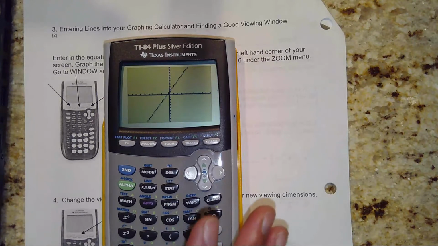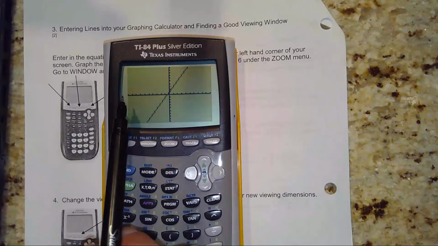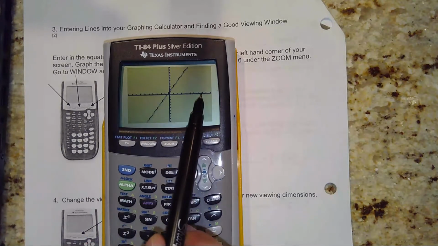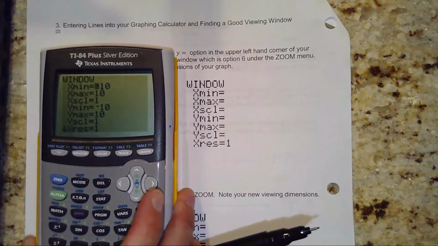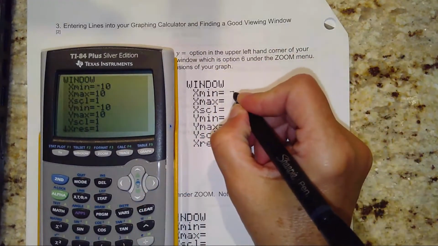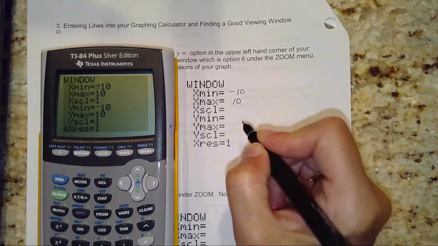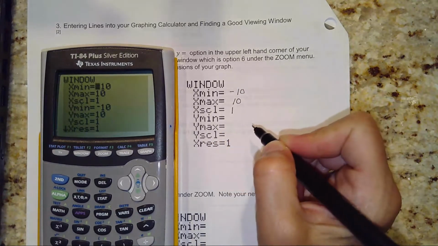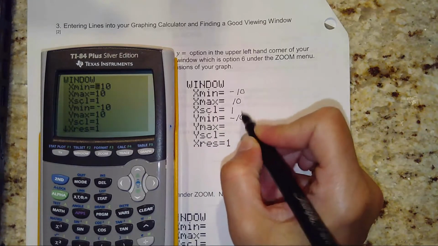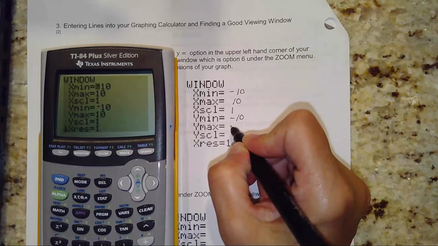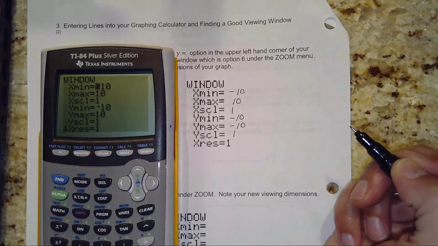Now, to see what the graph paper is worth with the tick marks and how far to the left and to the right we're looking at our screen, you just hit window, and that tells you that the smallest x value is -10, the biggest x value is 10, the x scale is 1, the smallest y value is -10, the biggest y value is 10, and the y scale is 1.